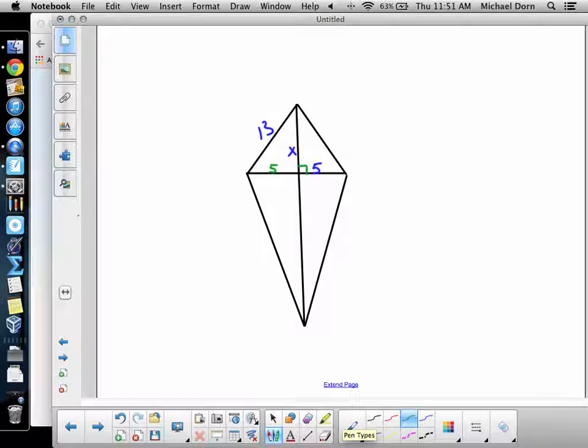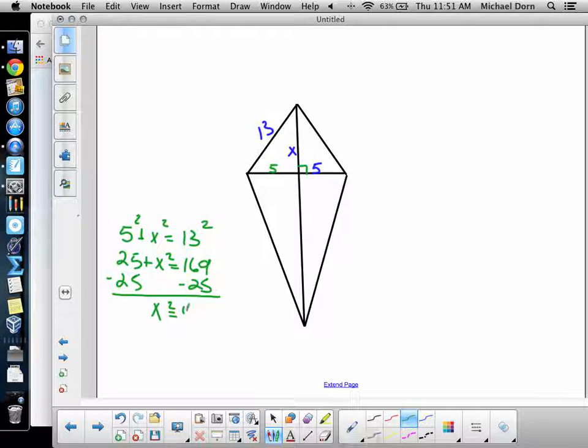And then we just have the Pythagorean theorem. 5 squared plus x squared equals 13 squared. So I subtract 25, and I get x squared is 144. So x is the square root of 144. In this case, that's a perfect square, 12.